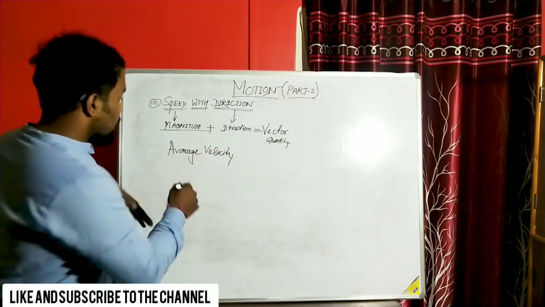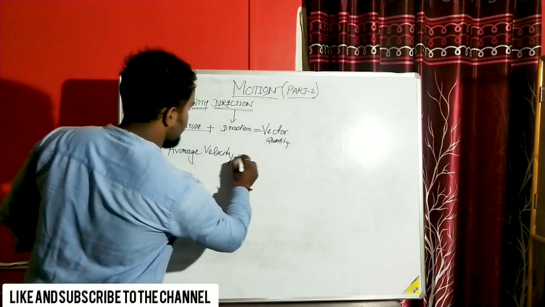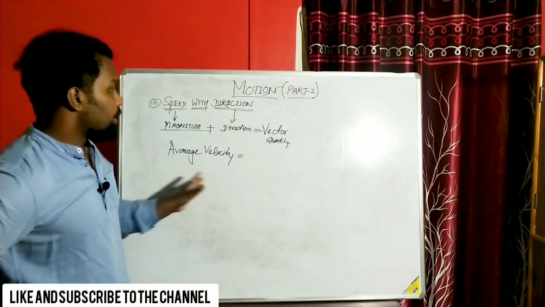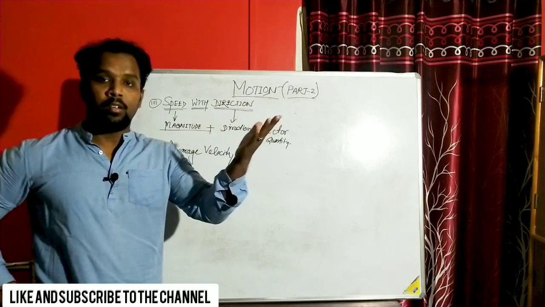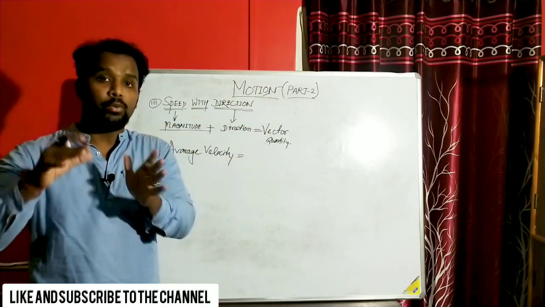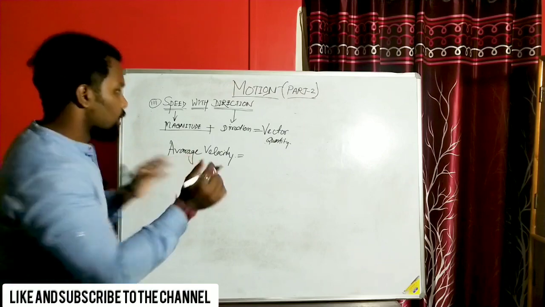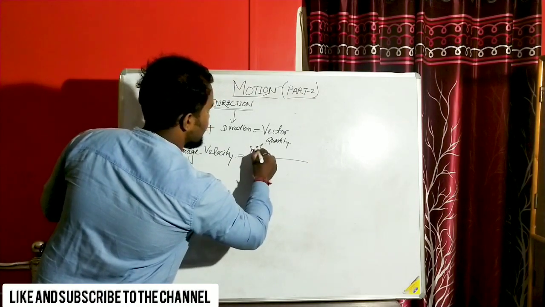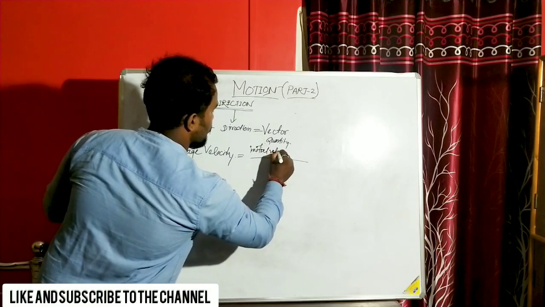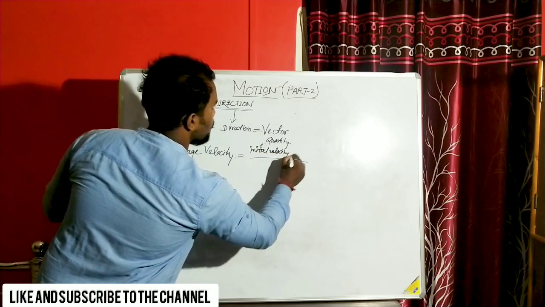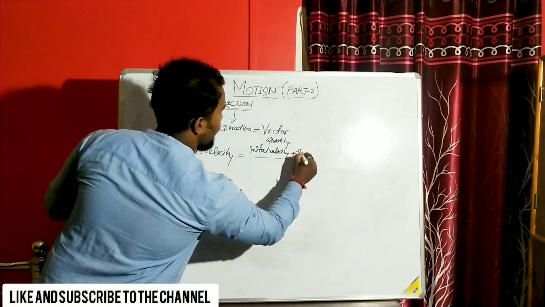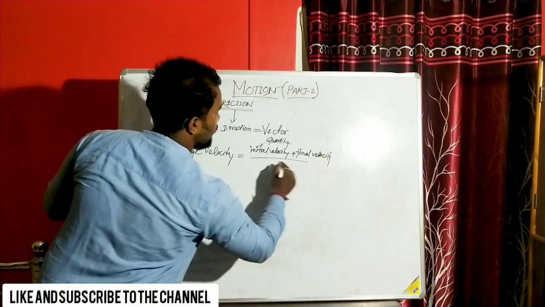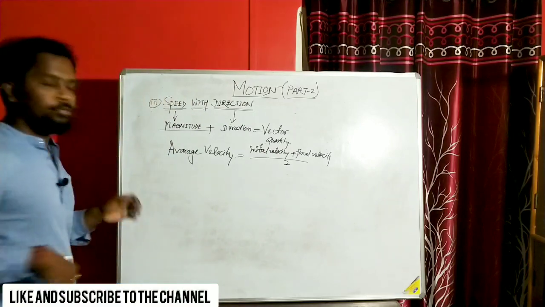The average velocity has two formulas. If the velocity is changing uniformly throughout the journey, we can write the definition as initial velocity plus final velocity, divided by 2.